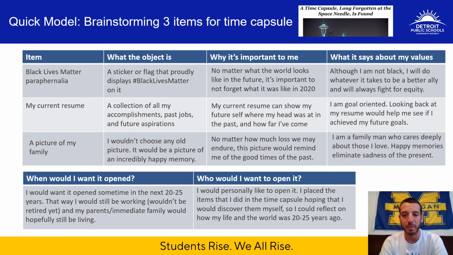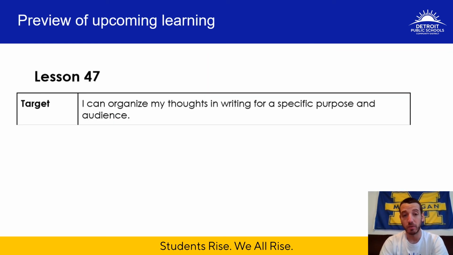My whole approach to this time capsule was putting things in there that I will hopefully find later on in life to reflect on how far I've come and to think back to the positive memories of the past, or what was happening in the world that wasn't so positive, but to track how much we've changed over time. Hopefully my model was helpful to you in thinking about how much intentionality and thought has to go into developing a list of the 3 items you're going to put inside your time capsule.